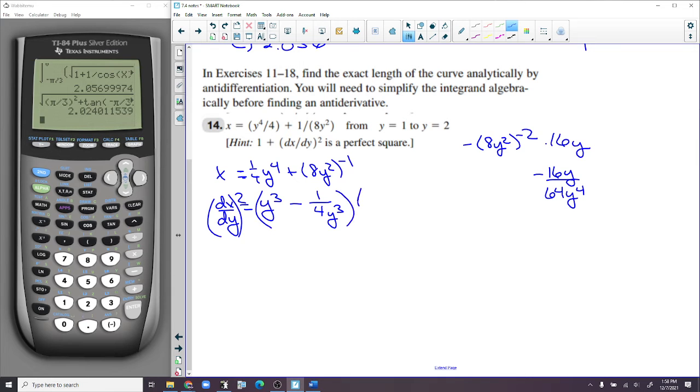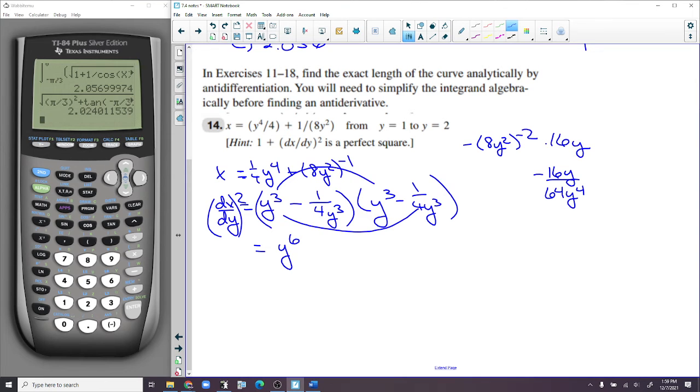Square, and how about instead of squaring, we write it like this? Can you FOIL that? I get y to the sixth, that's first.